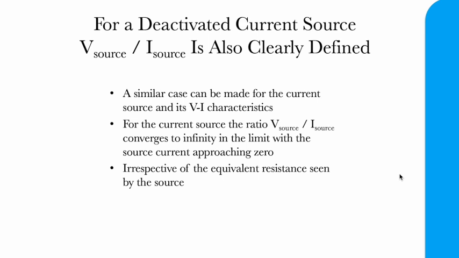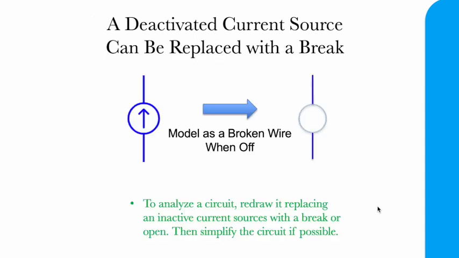Now, for a deactivated current source, we can follow similar logic as in the presentation for a voltage source. For the current source, the ratio of V over I converges to infinity in the limit with the current source approaching 0. And again, that's irrespective of the equivalent resistance seen by that source.